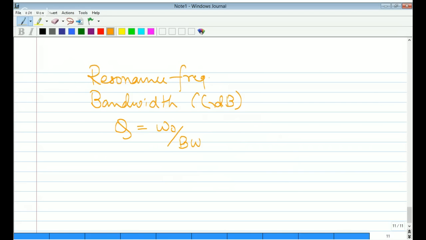The next question is from Alok. In transmission line, if sending and the receiving end voltage are maintained at same magnitude, there is real power flow from sending to receiving. Where will be the reactive power flow?